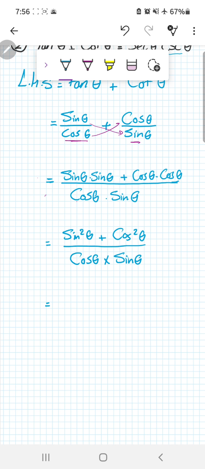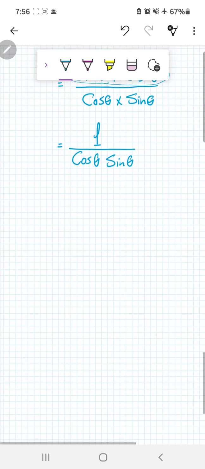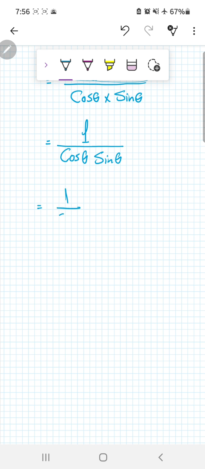Okay, from the first identity, sine power 2 plus cosine power 2 equals 1, over cosine theta sine theta. It means 1 over cosine times 1 over sine. 1 over cosine is the reciprocal of cosine, which is sec. 1 over sine is the reciprocal of sine, which is cosec.